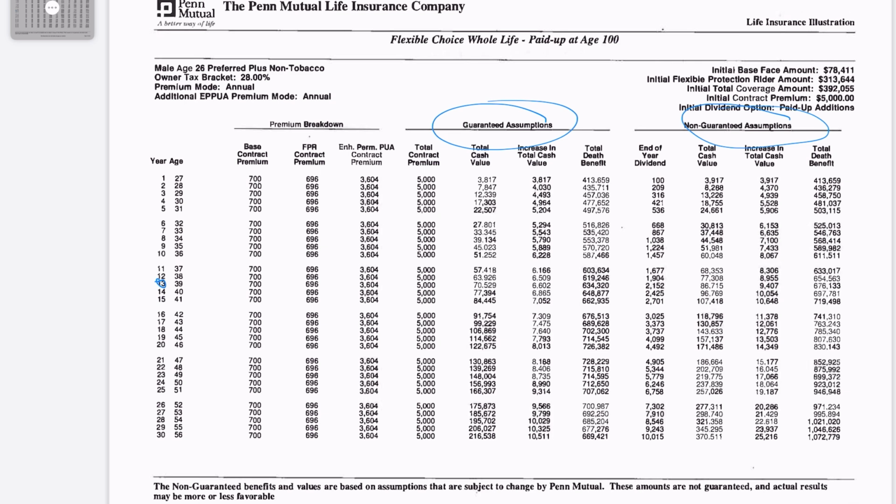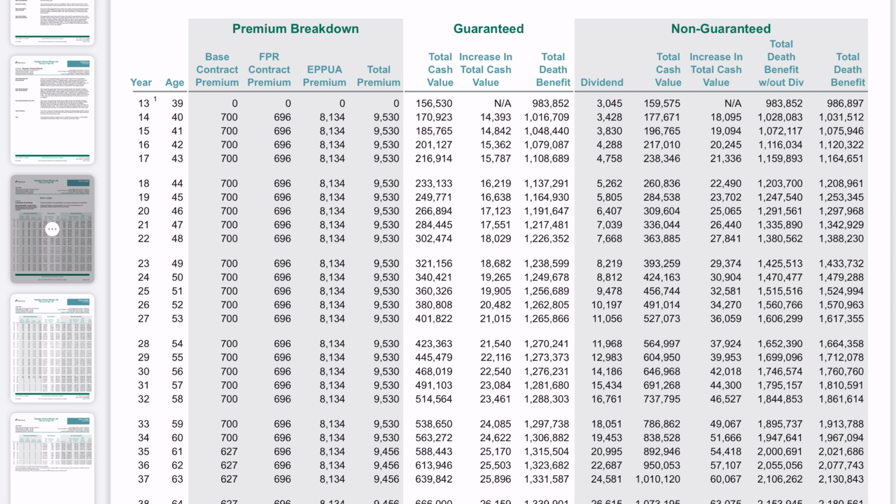If we look at the guaranteed cash value projections, when this policy was put in force, we'll see that the original assumption about guaranteed cash value accumulation was $70,529 by the time year 13 rolled around. But here's what really happened. We are now in year 13.